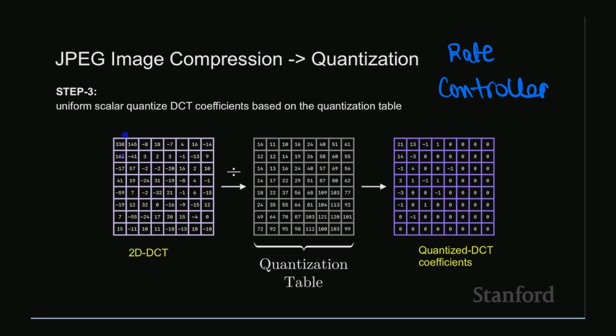So for each element, here I have 338, I'll divide it by 16, I'll store the integer value. Similarly, here I have minus 10, I'll divide it by 99, and that's basically going to lead to 0 because I don't really have any remainder. Okay, and you basically can take off the sign, so you will see the quantized DCT.